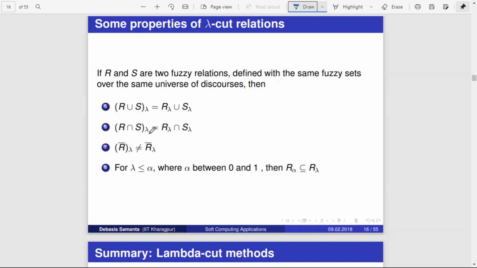R intersection S of lambda is equal to R lambda intersection S lambda. Similarly, R complement of lambda is not equal to R lambda complement. And for any lambda less than or equal to alpha, where alpha lies between 0 and 1, R alpha will be a subset of R lambda.